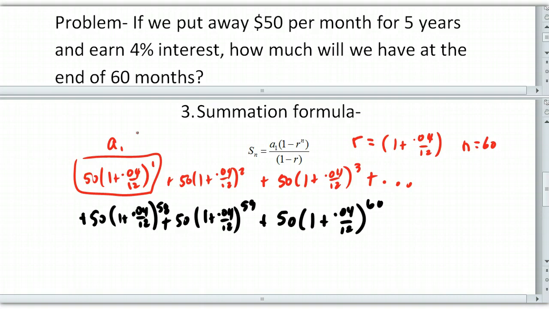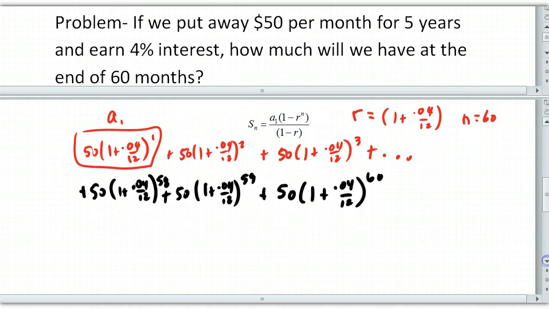So if I put this all into my formula here, s sub n, which would be s sub 60, would be equal to the first term, which is 50, 1 plus 0.04 divided by 12. So that's just the a sub 1 there. And then I'm going to multiply that by 1 minus my ratio, which is 1 plus 0.04 divided by 12 again.